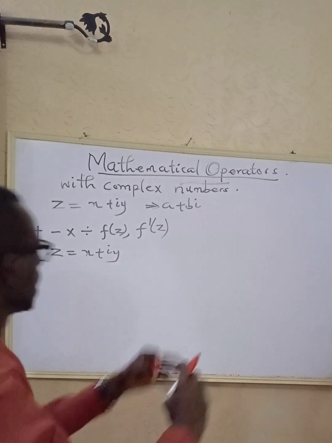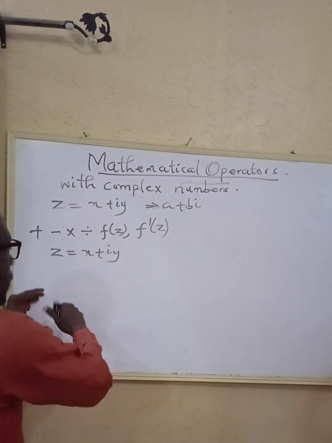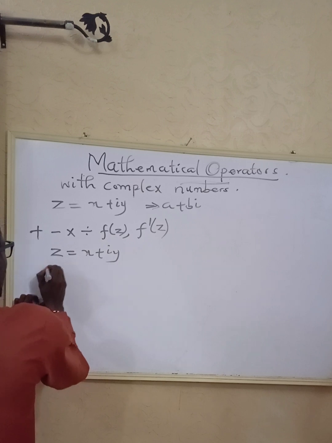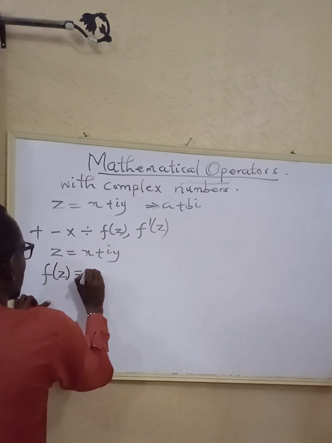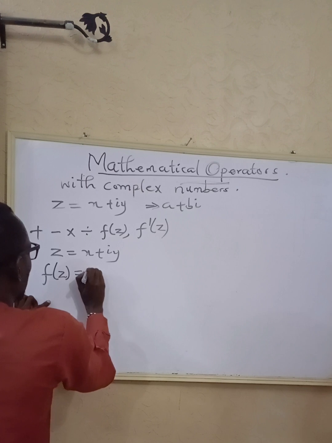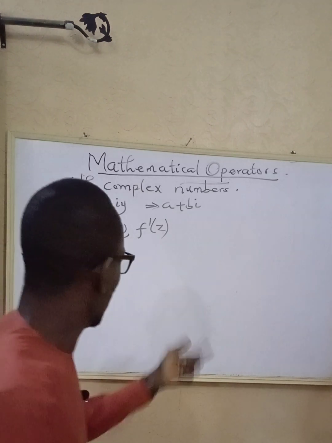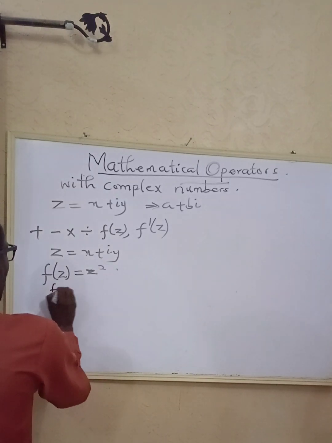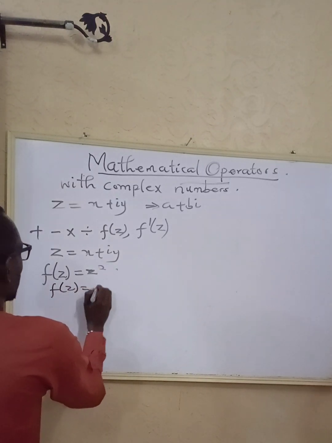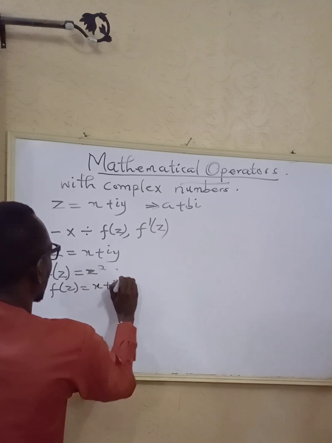When you are inputting a function of z, let's say z squared, recall that we have our z to be x plus iy. That is f of z. It is x plus iy, squared.